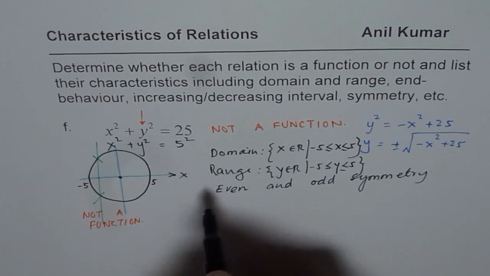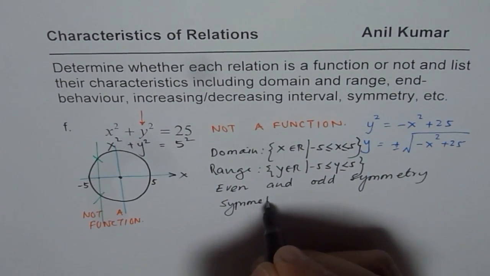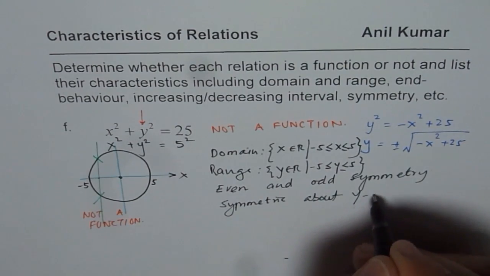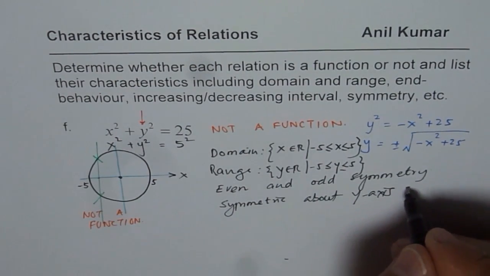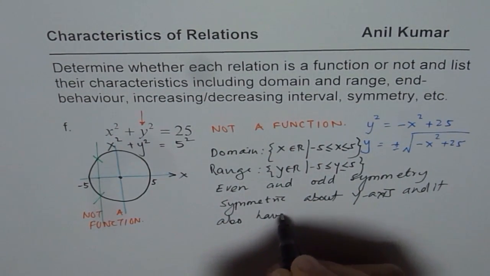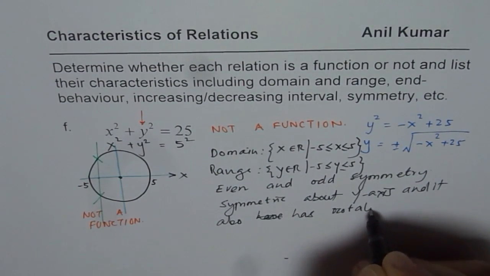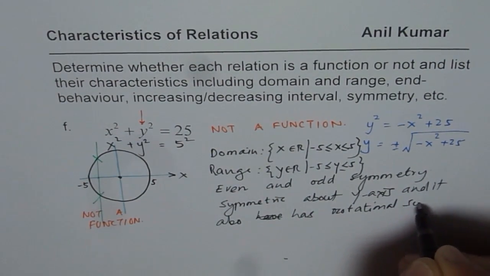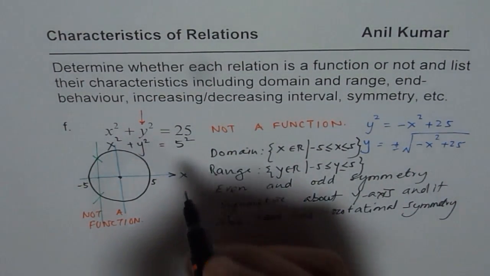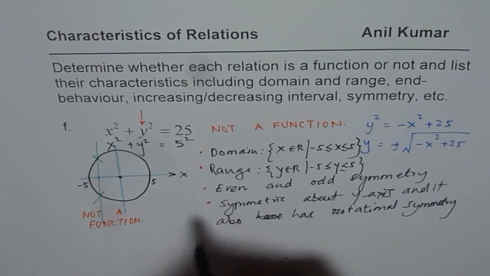You can see it is symmetric about the y-axis, and it also has rotational symmetry, right? So this is a unique example of a relation which has both symmetries. This is very important to understand, the symmetry of this.